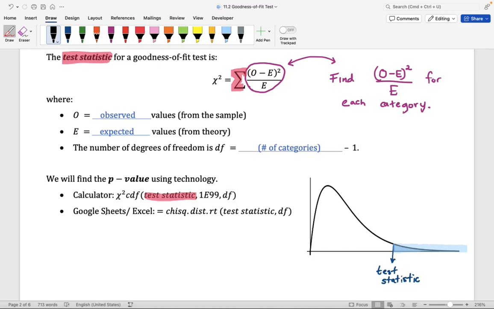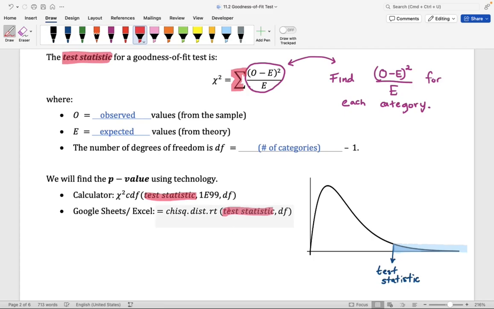Now, if you're using Google Sheets or Excel, you're going to type equal CHISQ, which stands for chi-square, dot DIST, which stands for distribution, dot RT. RT stands for the right tail. This distribution is going to give you the area to the right of the test statistic you enter inside the parentheses.